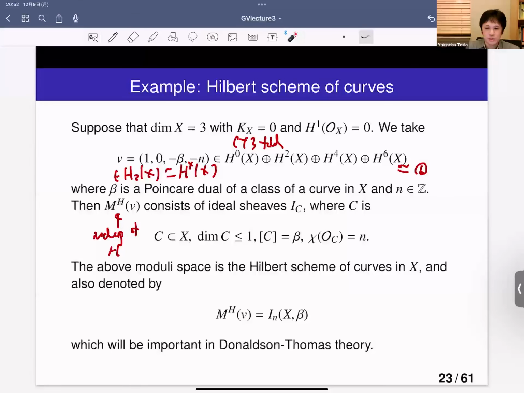So this is the Hilbert scheme of curves in X, and this is also denoted by this. And in fact, this is independent of the choice of the ample divisor H. And this moduli space will be very important in Donaldson-Thomas theory.